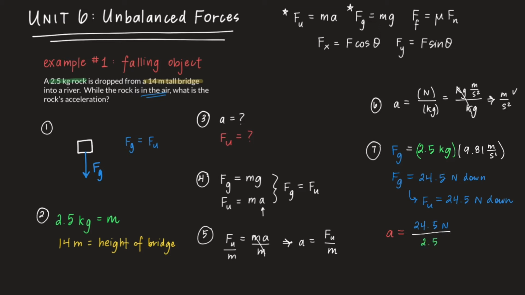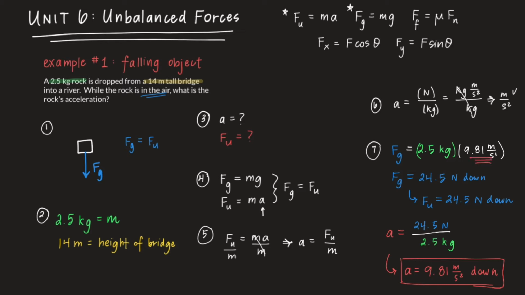And you might already see what's happening here. Didn't we kind of backtrack? If you plug that into your calculator, you'll get 9.81 meters per second squared as your acceleration. And that acceleration is in the same direction as our unbalanced force, so that acceleration is down. But we already saw that number before in this problem, right? We used that 9.81 meters per second squared as our acceleration due to gravity.